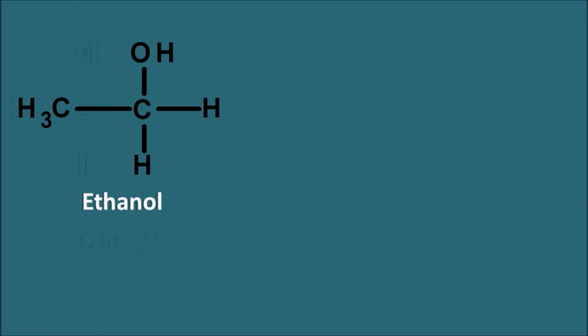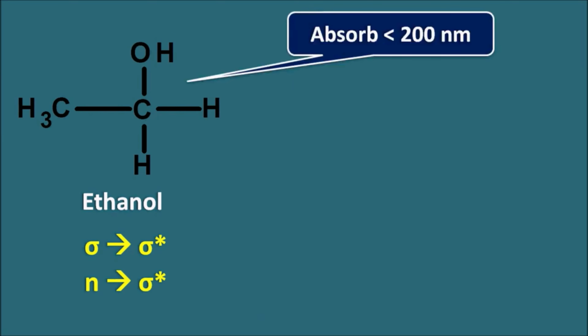Now if we take a molecule like ethanol, which type of transitions are possible in ethanol? Since it has sigma electrons and n electrons, it can show sigma to sigma star transition and n to sigma star transition, and because both of these transitions fall within the vacuum UV region, ethanol can absorb less than 200 nanometer.